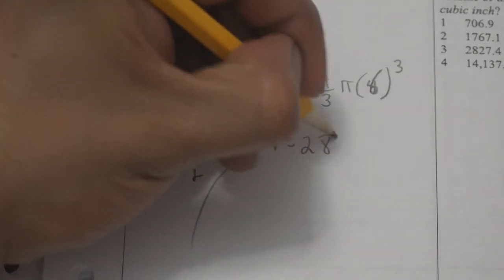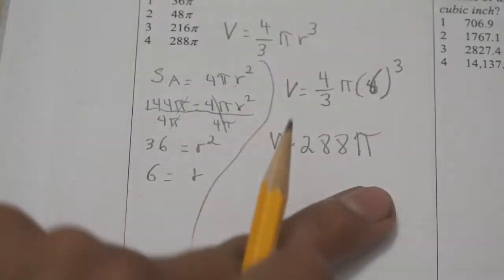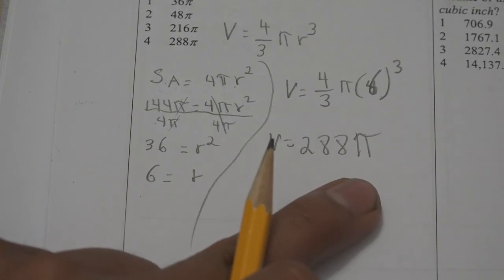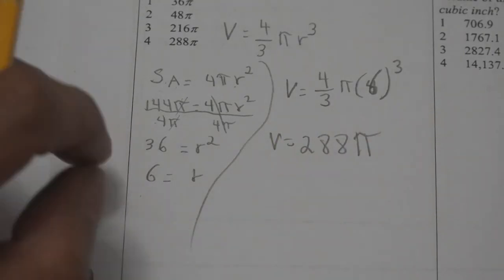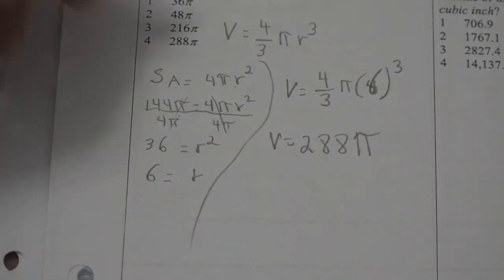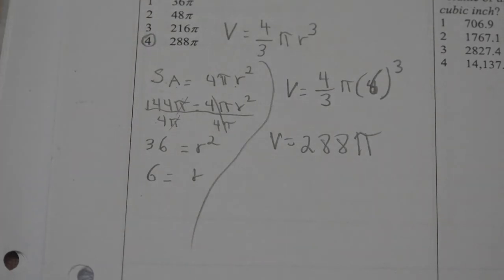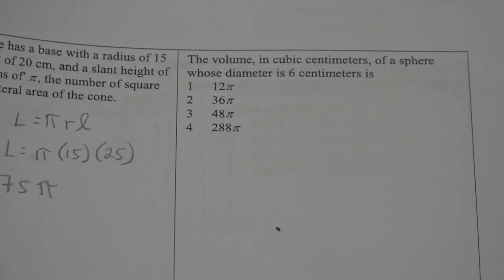So the volume is 288, and since I didn't utilize pi, because I wanted to leave it in terms of pi, then this is 288 pi. That's the volume. So the answer is choice number 4. There you go. All right, the next question.